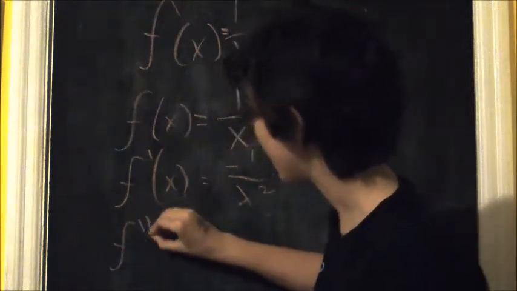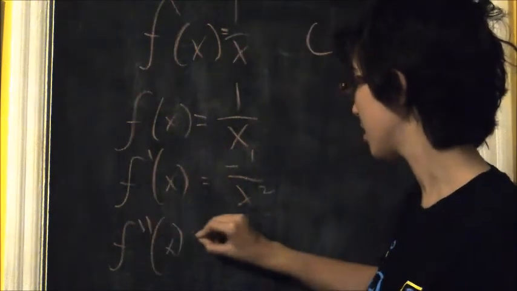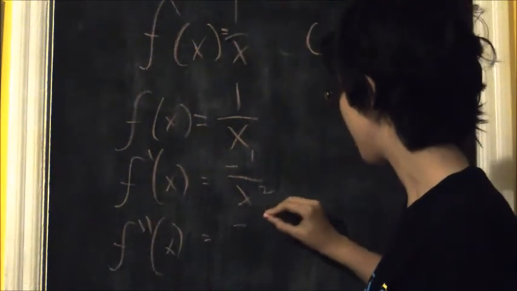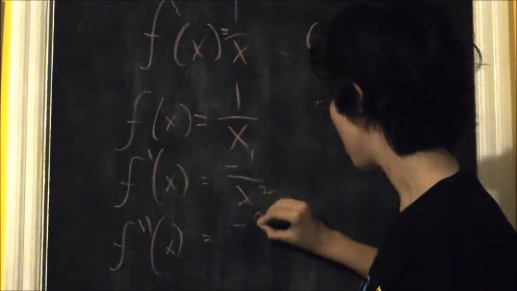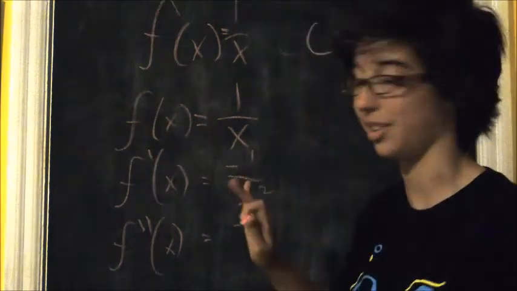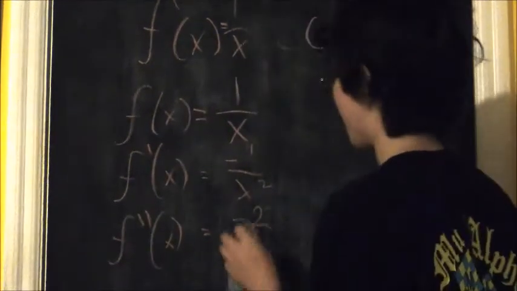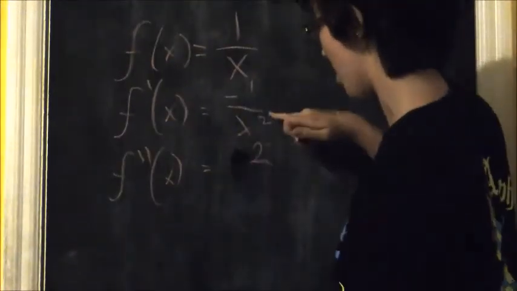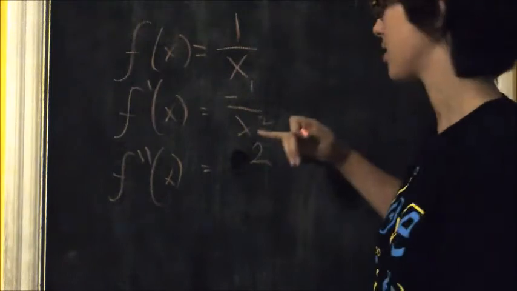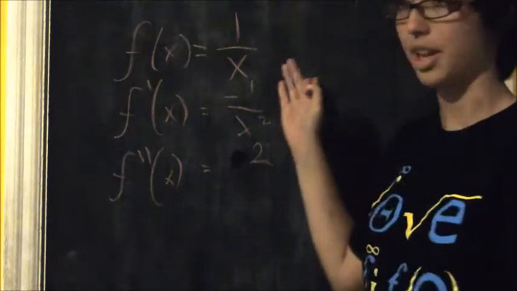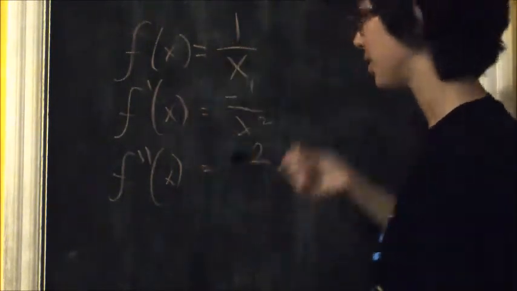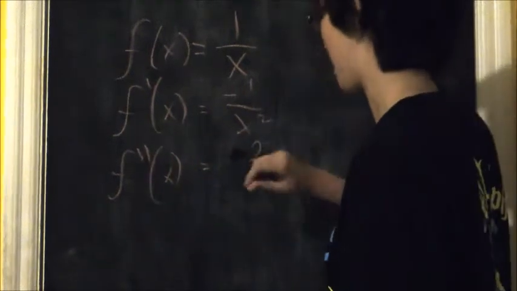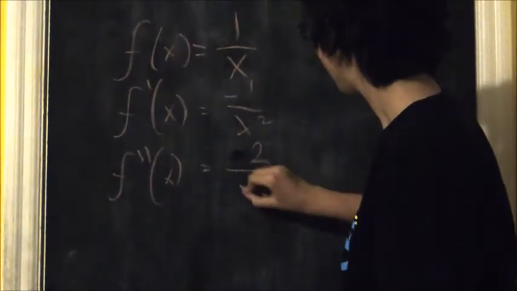F double prime of x equals 2. Because remember, when you do the derivative and you bring the x squared up, it becomes x to the negative 2. X to the negative 2 times the negative 1 equals positive 2. So that was not negative.